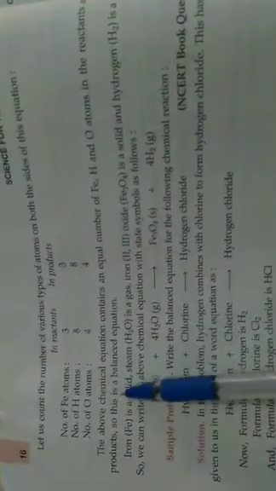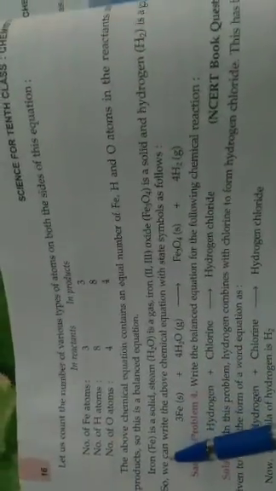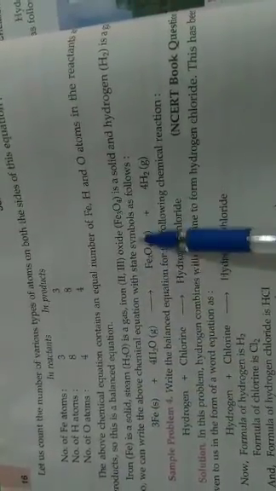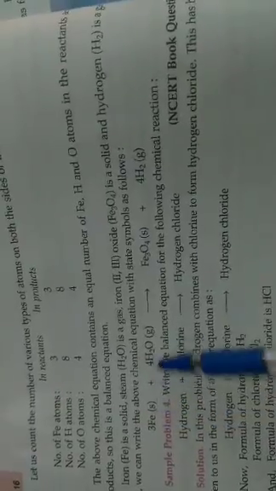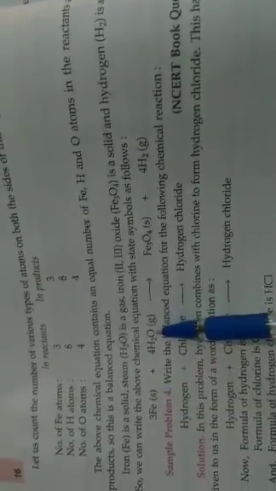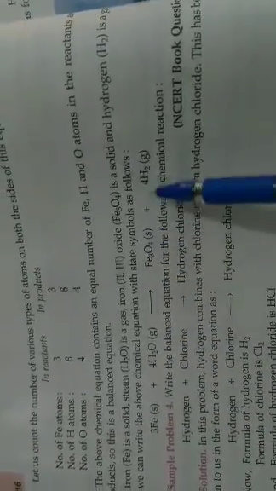The above chemical equation contains an equal number of Fe, H and O atoms in the reactant and product, so this is called a balanced equation. Iron is solid, steam H2O is a gas, iron oxide is solid, and hydrogen is a gas. So we can write the above chemical equation with state symbols as follows: 3Fe(s) plus 4H2O(g) gives Fe3O4(s) plus 4H2(g).